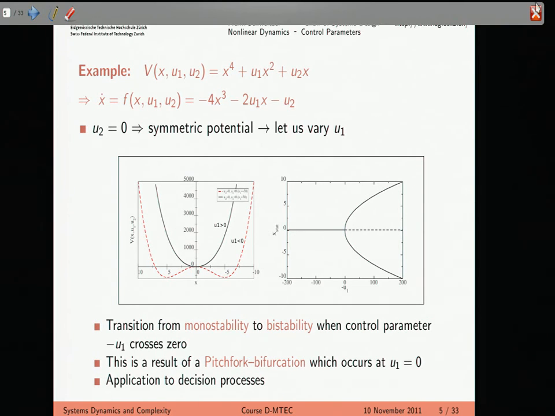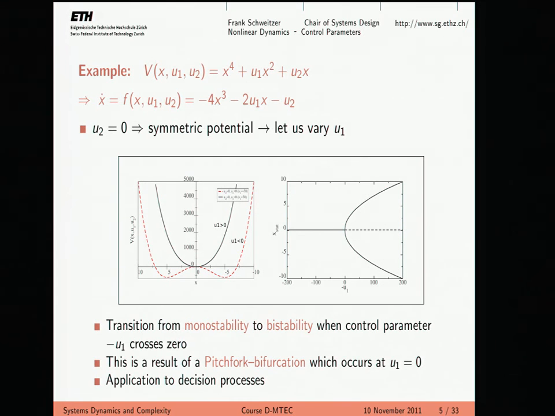And of course, you can calculate these stationary points. If you're wondering why it looks like this, the reason is very simple, in fact. If you look at our equation, minus 4x^3 minus 2u1x, and then u2 is 0 for now, so we disregard it.